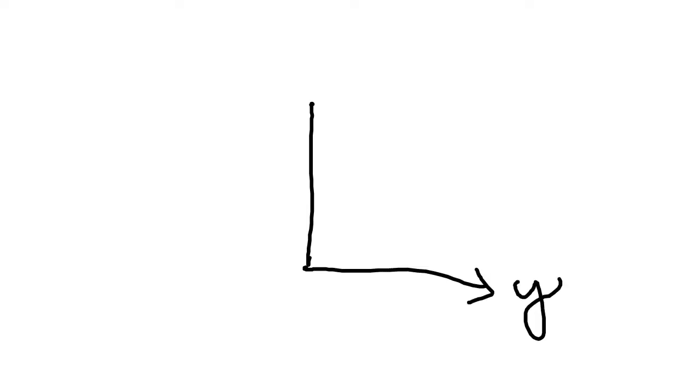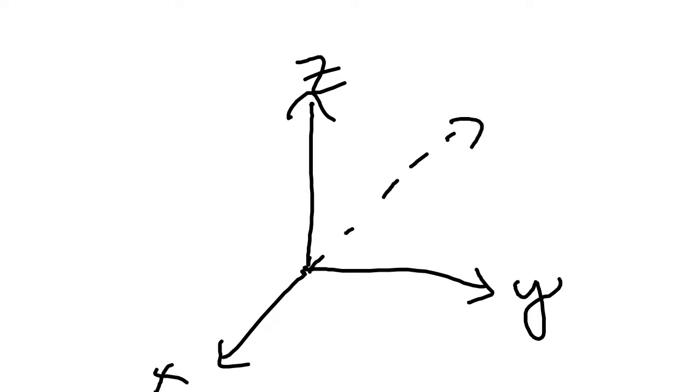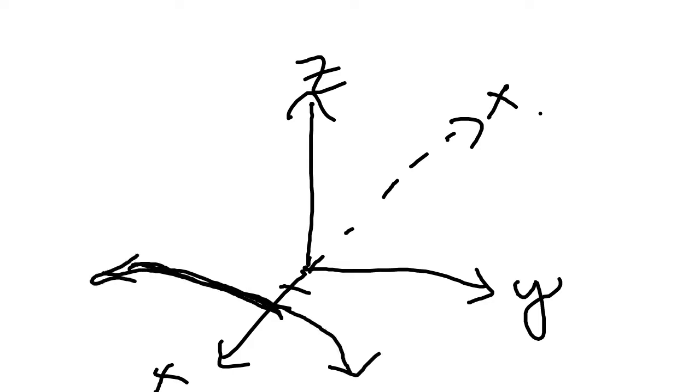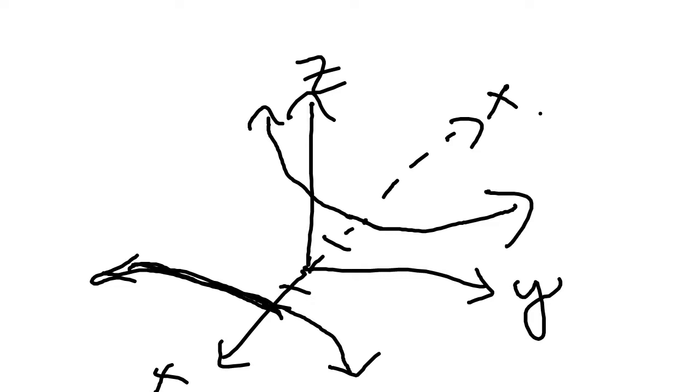There's y, here's z, here's x, and I'm going to take this x back as well. I've got this for the front side of my hyperbola, and then going back 2 units, that's the back side of my hyperbola, and z can be anything it wants.